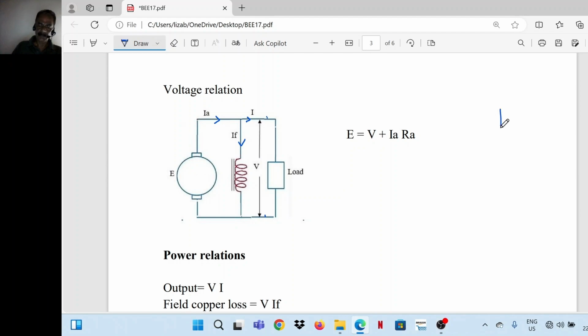So the armature, you can represent it like this: a constant voltage source in series with a resistance. So IF is the field current. I is the load current. And the voltage across the load terminals is equal to V.